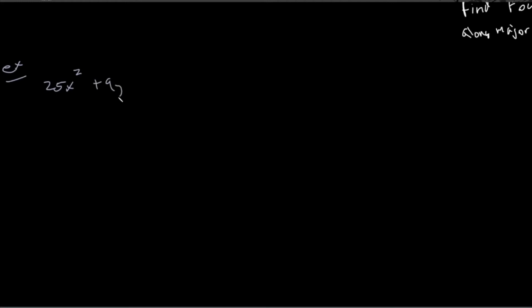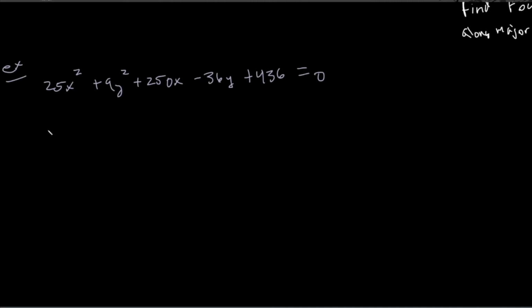Plus 9y squared plus 250x minus 36y plus 436 equals 0. So same story. Ellipses and circles are so closely related in equations, all we have to do is, like with the circles, complete the square on the x's, and complete the square on the y's, and we'll be good to go.